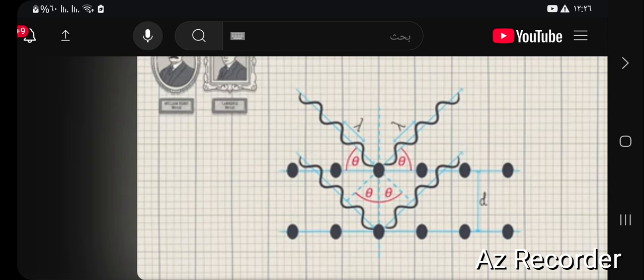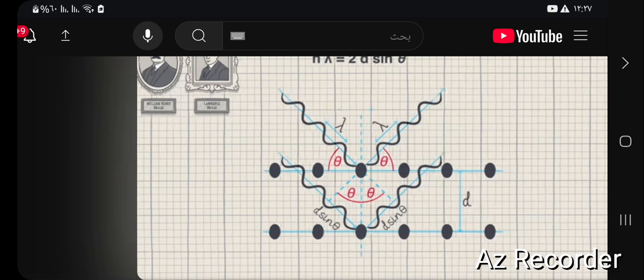Here, using a little bit of Pythagoras, we show how the X-rays must travel 2d sine theta longer for the bottom plane than the first, for both to be in a diffracting position. This gives our famous law, n lambda equals 2d sine theta, where n must be an integer, lambda the wavelength, d our interplane spacing, and theta the diffracting angle.